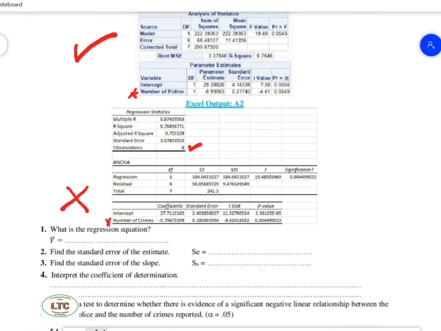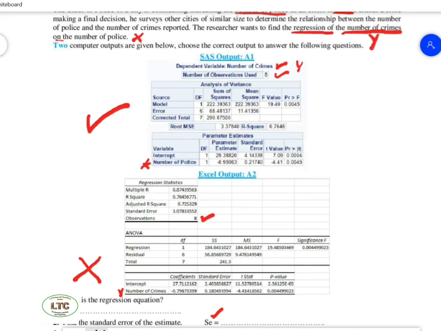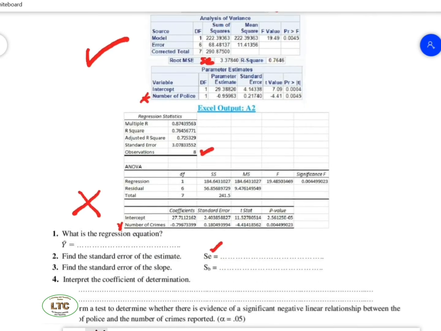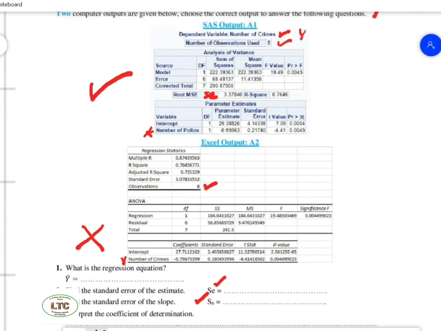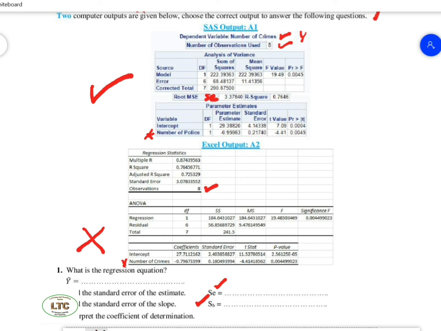So regression equation, you can write the standard error of estimate SE. Where is SE? SE is square root of MSE. This is SE, 3.378. And SB, what is SB? SB is here. Number of police X, B is negative 0.95963. SB is here, standard error. So you get this. Interpret the coefficient of determination.